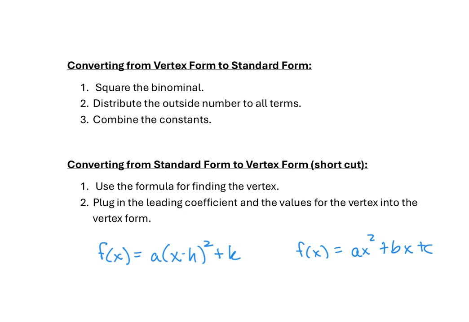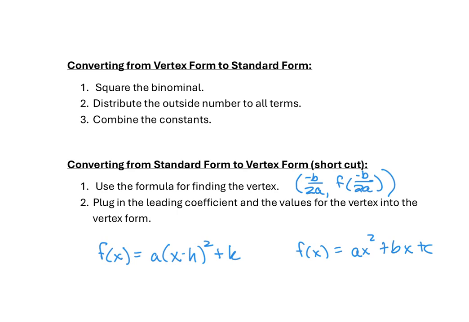The first thing we want to do is use our formula for finding the vertex. Remember, our formula is negative b over 2a to find the x-coordinate, and then we plug that back into our function to find the y-coordinate.